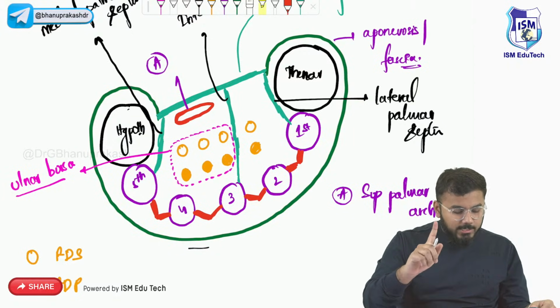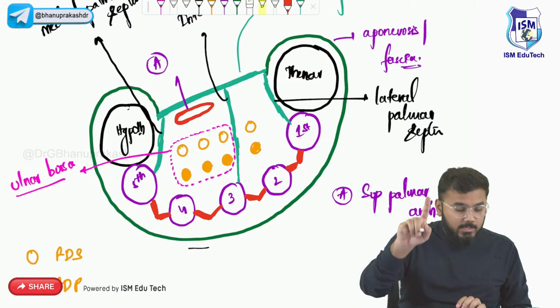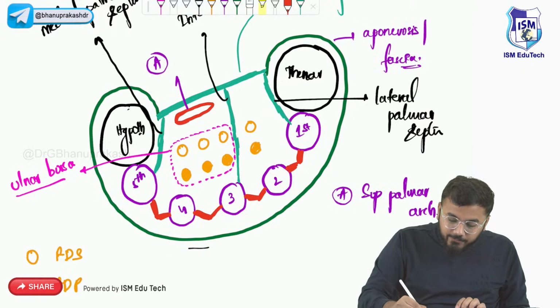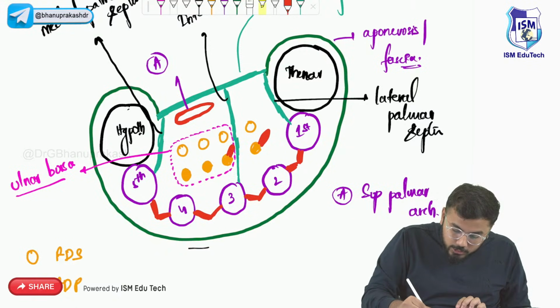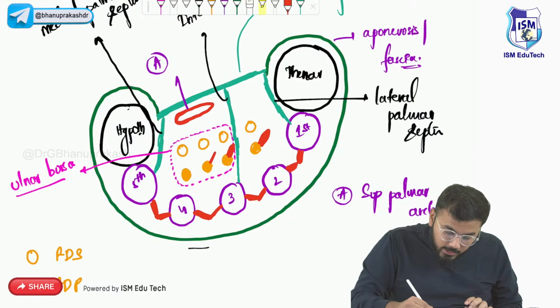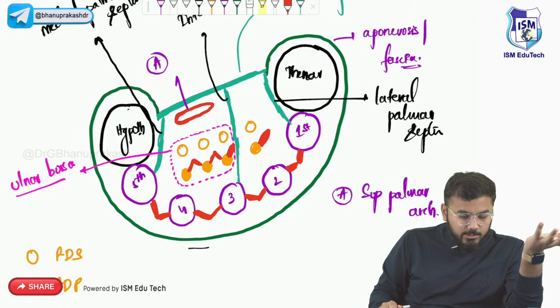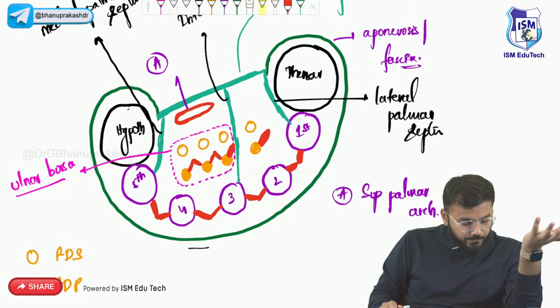They are attached to flexor digitorum profundus, right? So look here. In the starting itself, I told you the first lumbrical is unipinnate, the second lumbrical is also unipinnate. But look at the third and the fourth. The third lumbrical is bipinnate, the fourth lumbrical is also bipinnate. You know this, right? Clear?